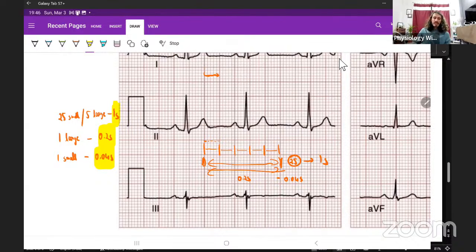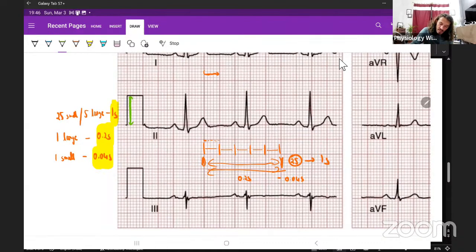Now, this is the duration. On top of this duration, you're going to need your amplitude as well. According to this calibration setting that you see, this much is 1 millivolt.